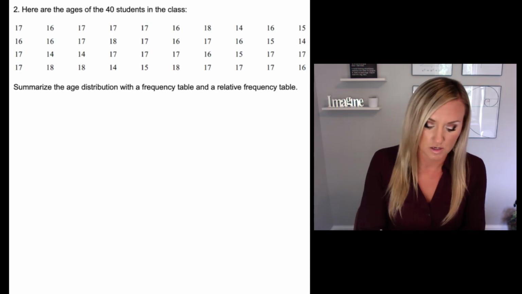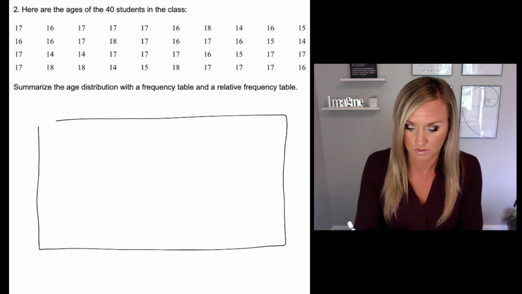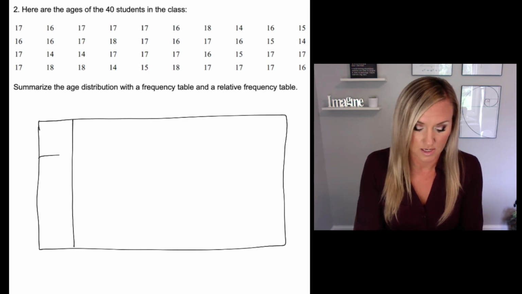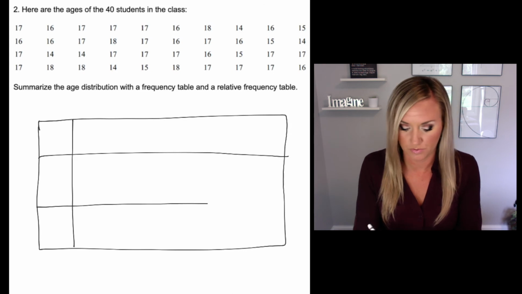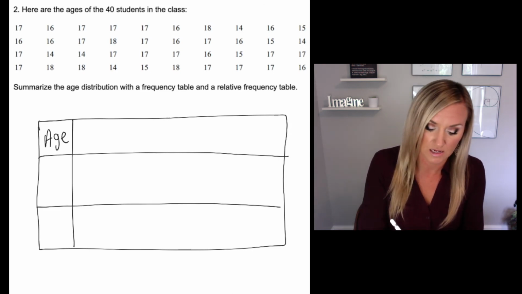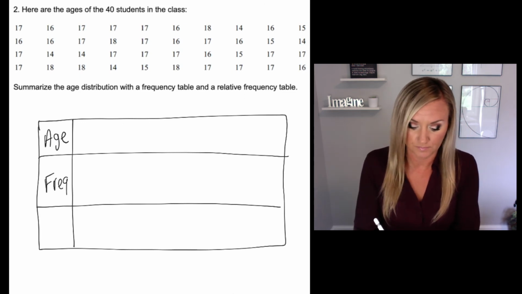Okay, so I am going to draw a table like this. And let's do 3 rows because we have age, the frequency, and the relative frequency.